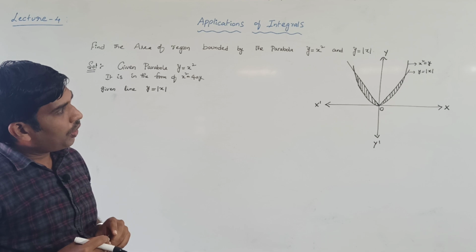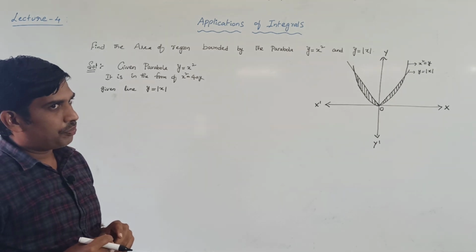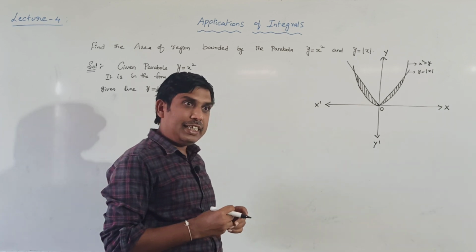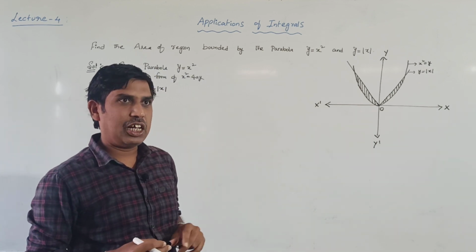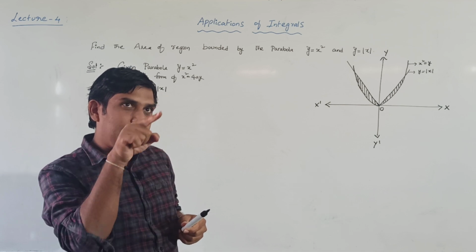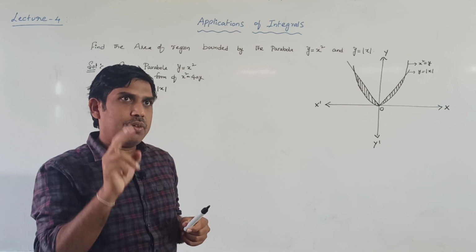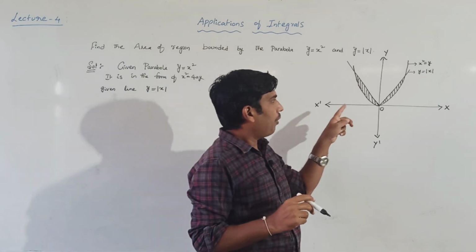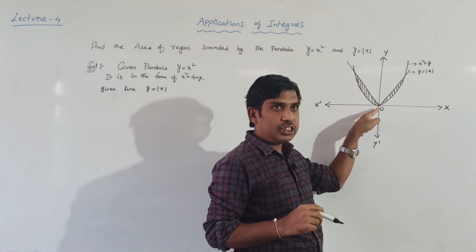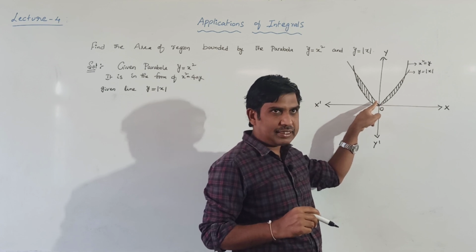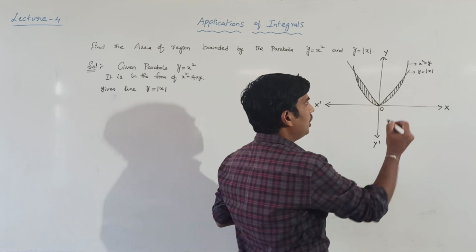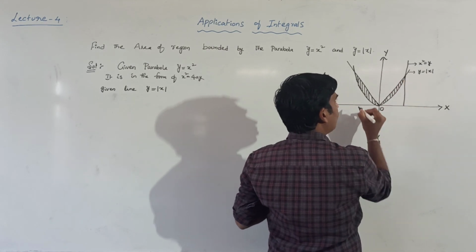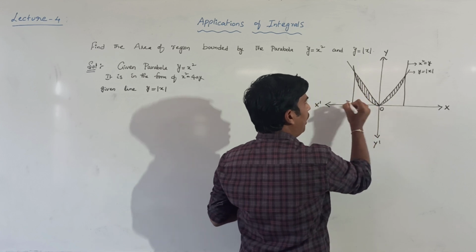So now how to find that area? So where the parabola and the line intersect, once you observe in the graph, where modulus function graph and parabola, where that two curves intersect. Here at origin the two meet or intersect. Next, here again here.